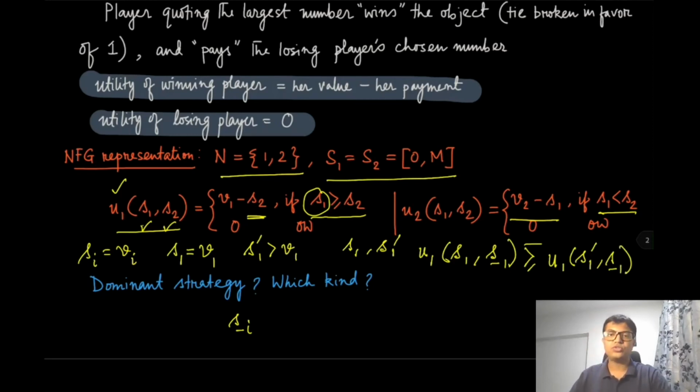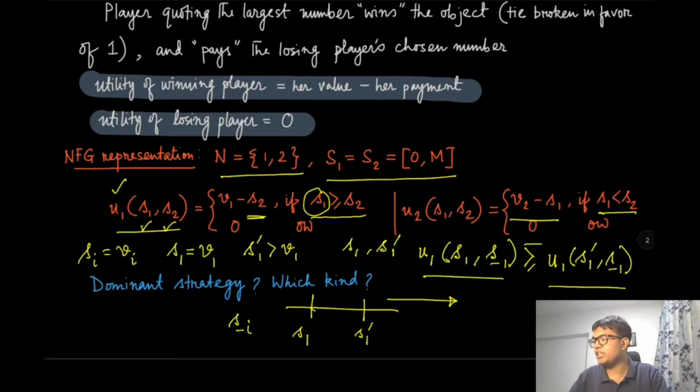Why is that true? Let us assume the second player is... on a line you can draw this particular thing. So S1 is here, which is equal to V1, and S1 prime is somewhere here, a little larger than that. If the other player, player 2, bids something above S1 prime, then that agent wins the object, and the utility in both cases is going to be 0.